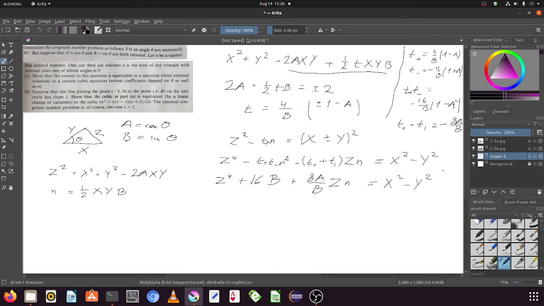So what was the next step? Oh, this had to be squared, by the way. Didn't it?